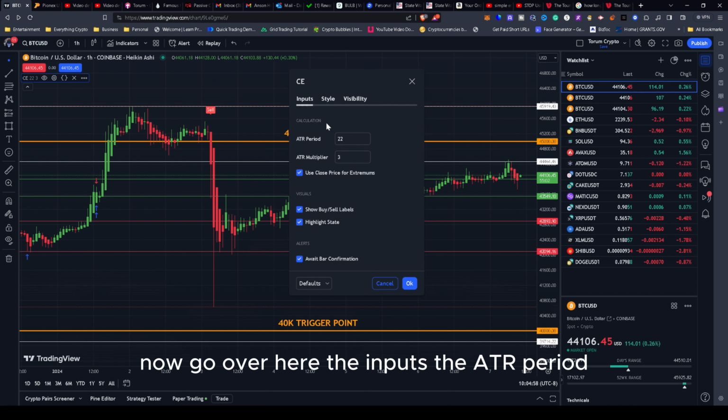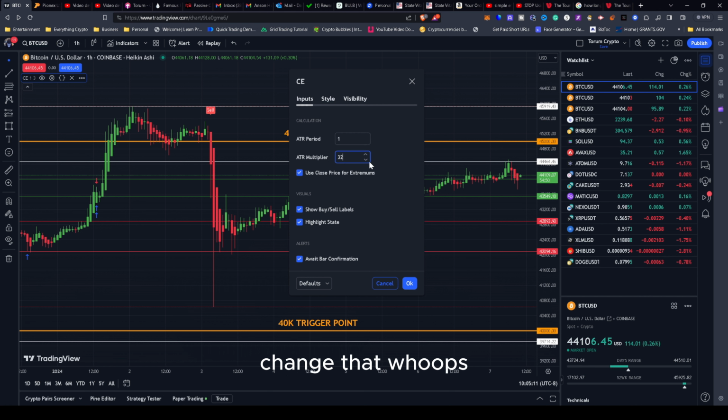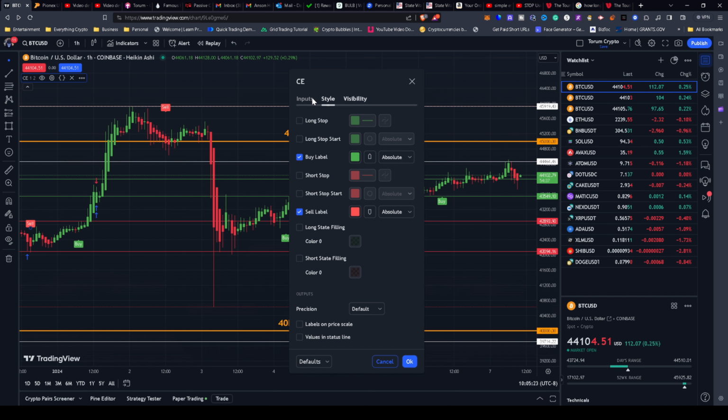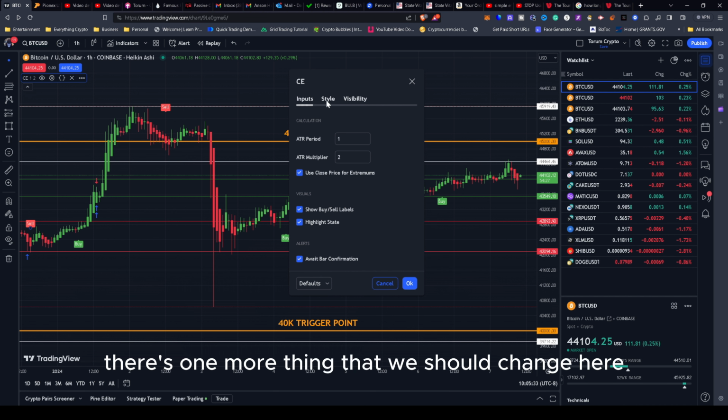Now I go over here to inputs, the ATR period. You want to change that to 1, and the ATR multiplier, change that to 2. Yep, that's all we need there. Wait a second, there's one more thing that we should change here.